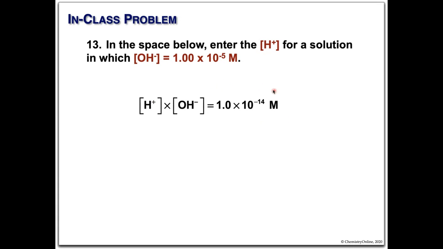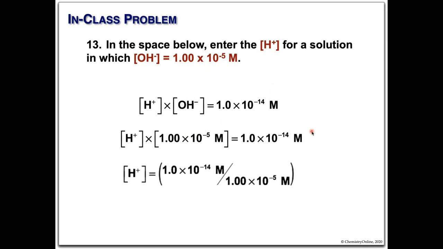So we know our constant, we know hydroxide, we just have to solve for hydronium. Hydronium multiplied by the hydroxide must equal 10 to the minus 14. We do our division: 10 to the minus 14 divided by 10 to the minus 5.